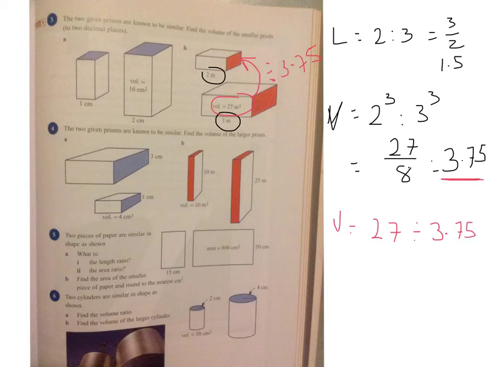Hang on. Two cubed is 8. Oh, there you go. That's interesting. So my volume's going to be 8 metres cubed. There you go. So you should be able to do the other ones.